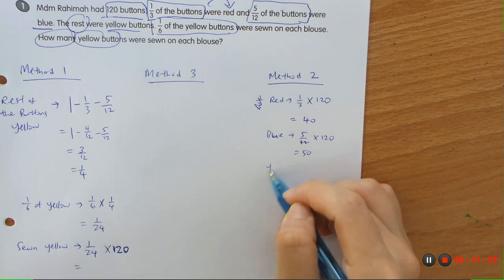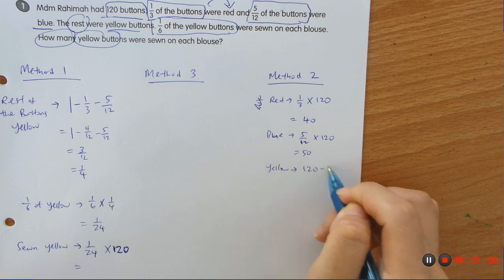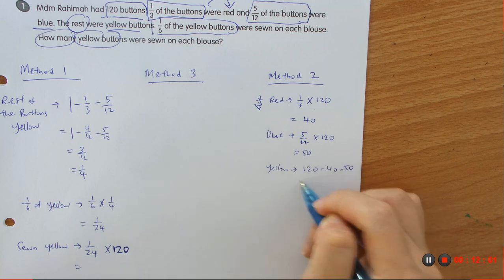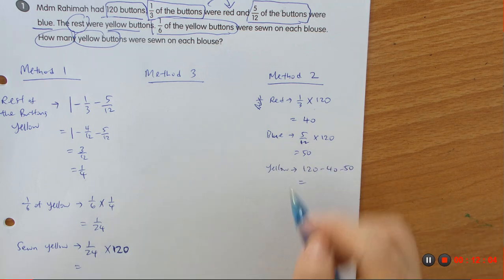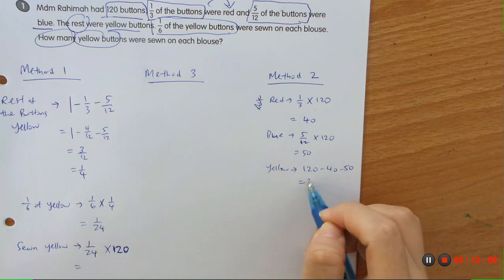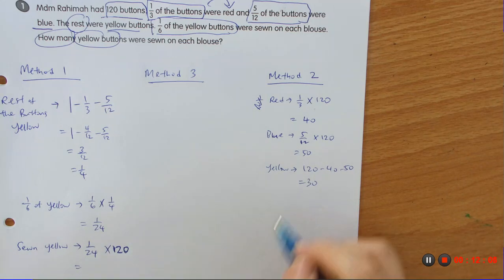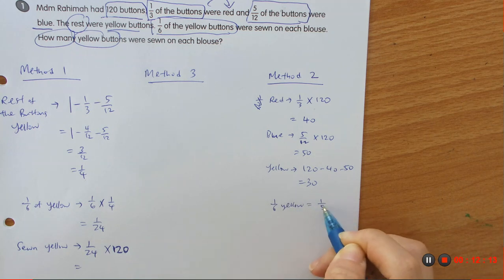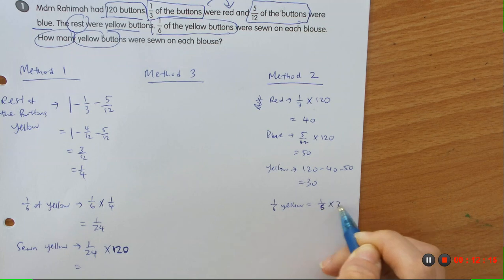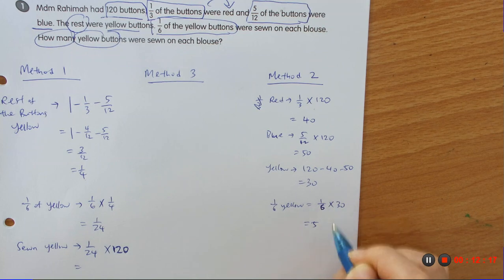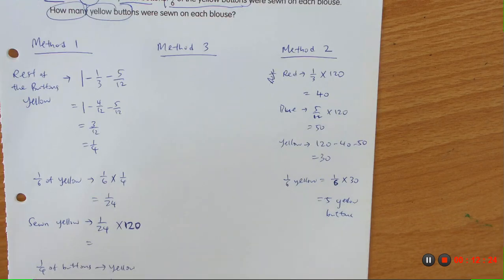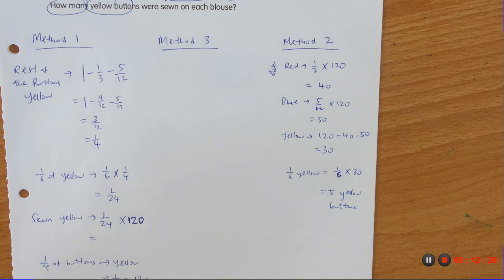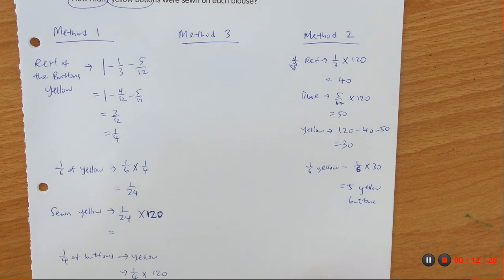So yellow is 120 minus 40 minus 50. 30. So 1/6 of the yellow, 1/6 times 30, answer 5 buttons. Method 2, I change everything into whole numbers. A bit tiny, cannot really see later, then I zoom in.